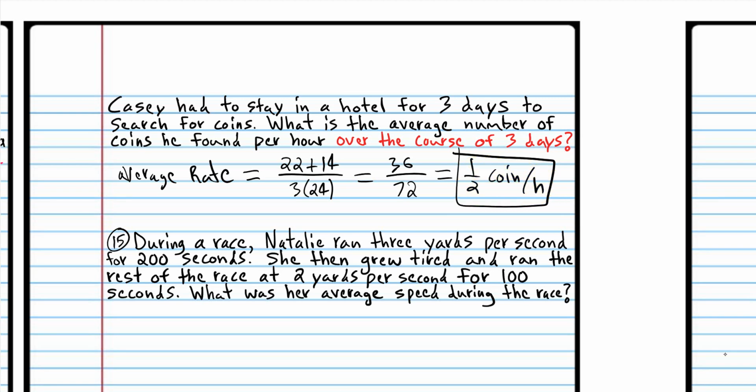So if you include all the time that he had to spend to be in that area, he had to go to a hotel, rent a hotel, the whole time that he had to be there, if you include all that time in the calculation, then he only found 1/2 coin per hour that he was actually at this location.